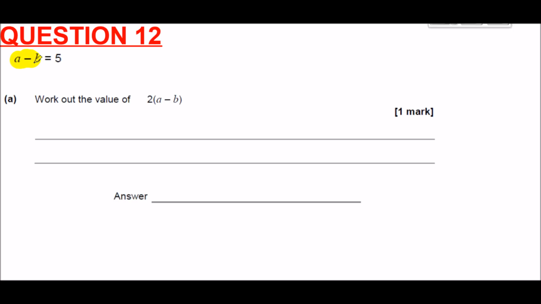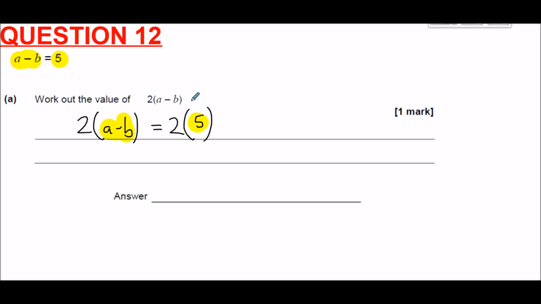A minus B is the same thing as 5. And so when it says 2 brackets A minus B, because A minus B is 5, we can replace A minus B with 5, because A minus B and 5 are one and the same thing.